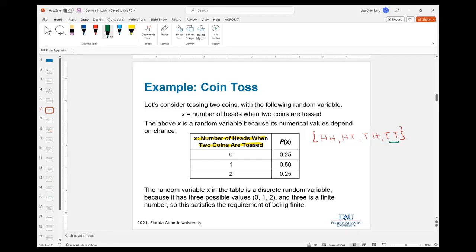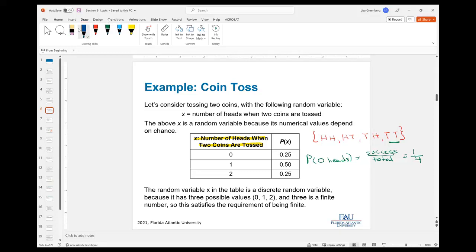So remember the probability of 0 heads is equal to the number of successes over the total, or I think I've called it the part over the whole before. So I only have 1 success. I have 4 total possibilities in my sample space. So 1 divided by 4 is 25%.